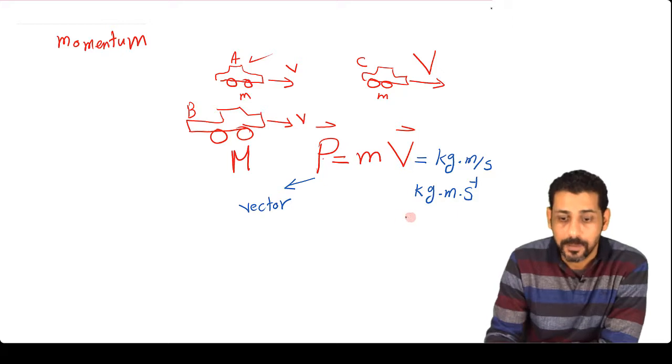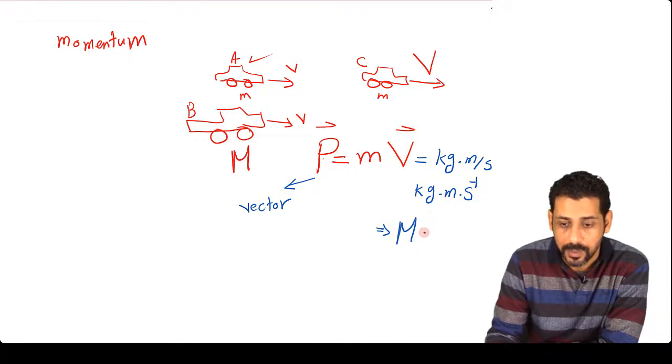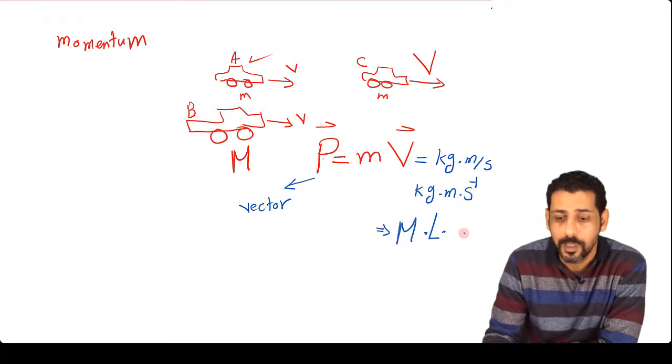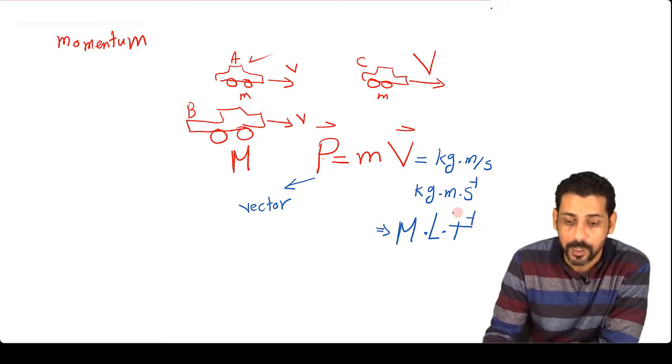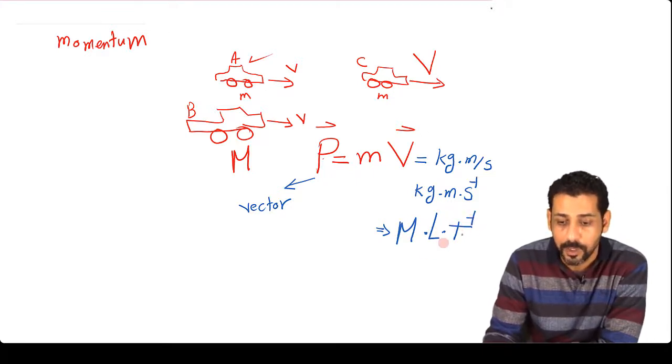Also, about the dimensions: the mass is capital M, the meter represents length, which is L, and second represents time, so T to the power of -1. This is the dimensional formula for the momentum.